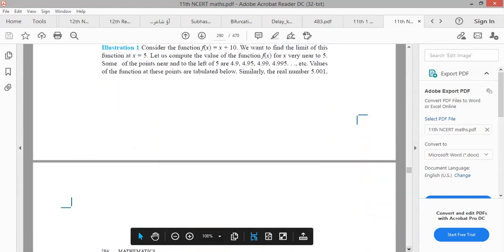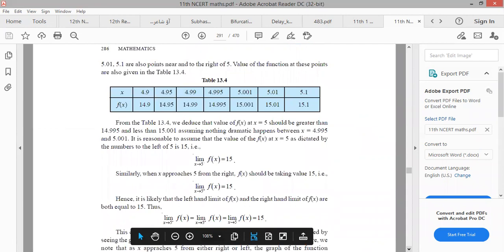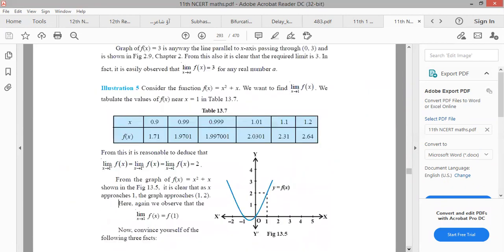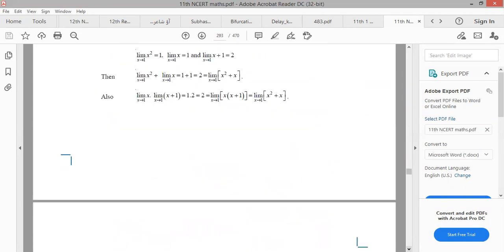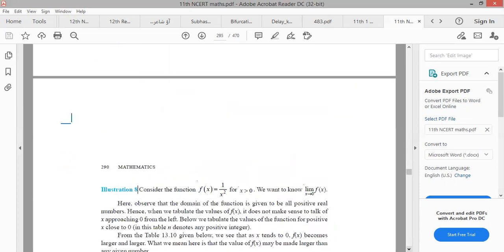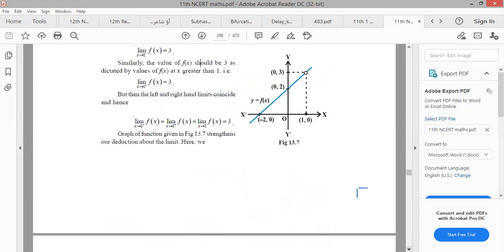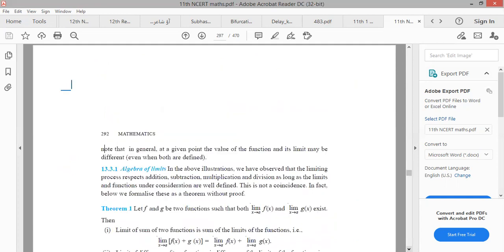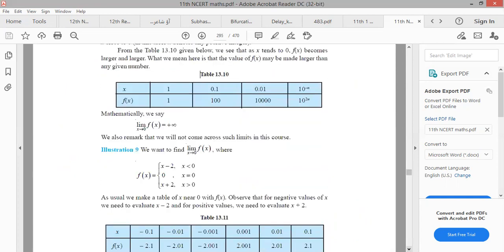So we have different examples here. Let's discuss some examples. You can see illustration number 9.